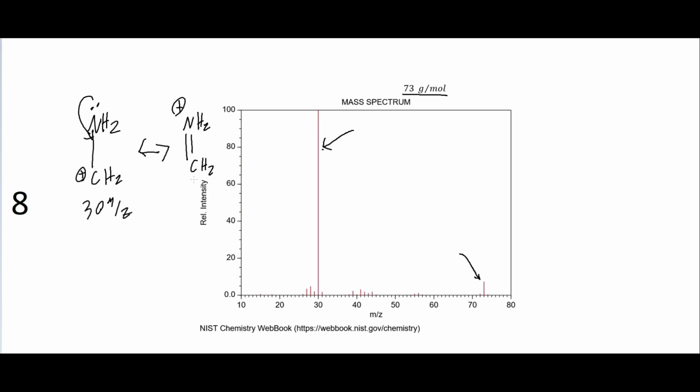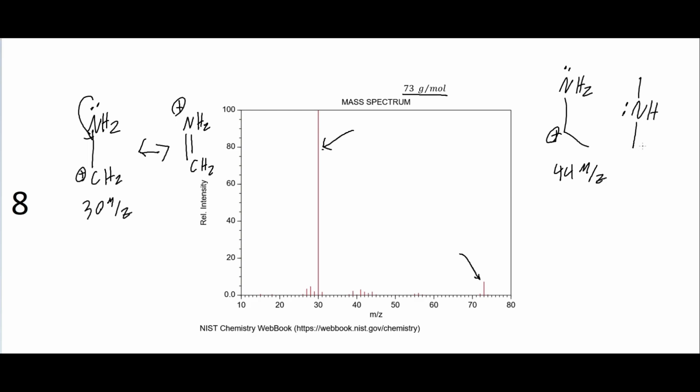And if we have other types of amines on here, so if we have a secondary amine, for instance, if we have something that looks like this, it is actually going to show up at 44 m/z, as would if we had NH with these coming off of here like that.